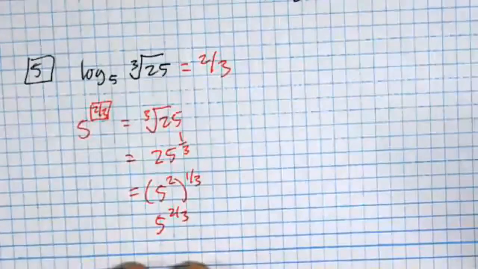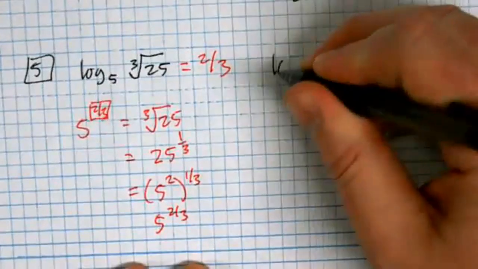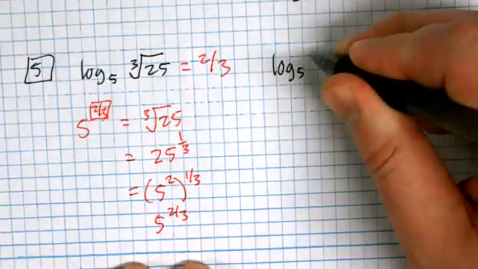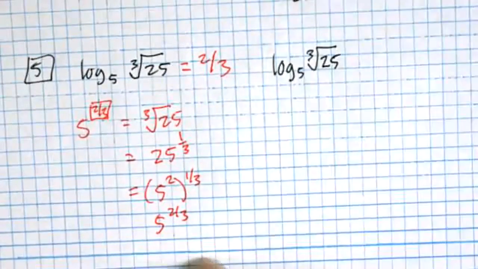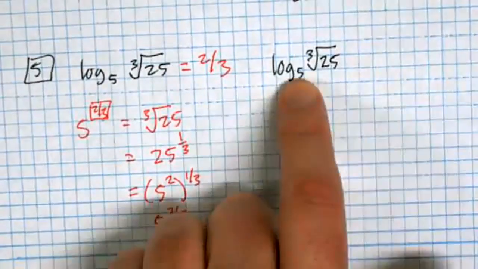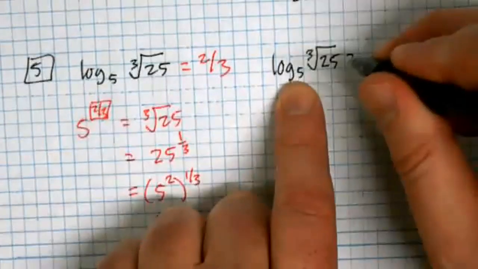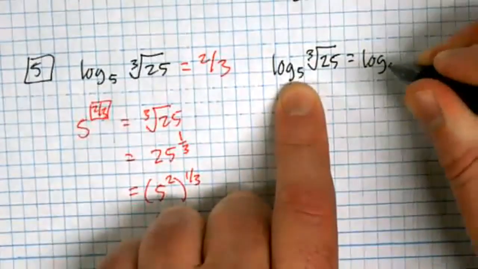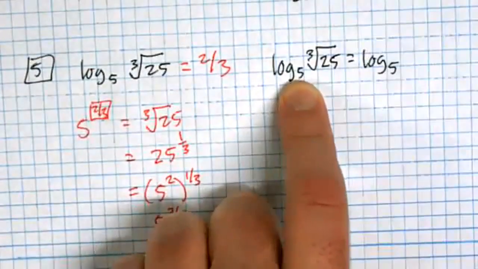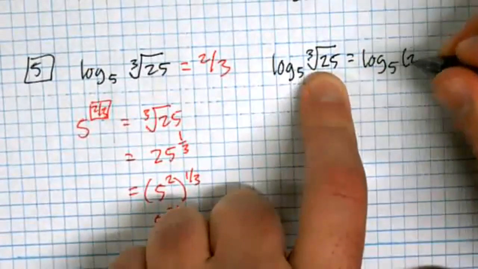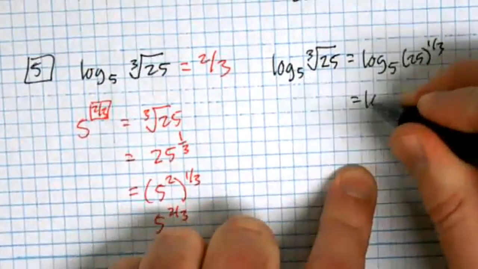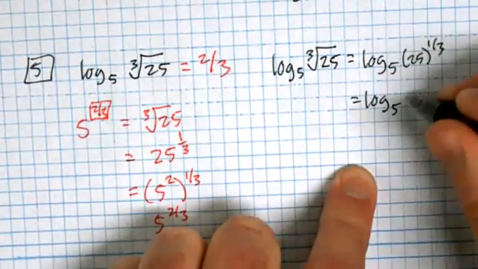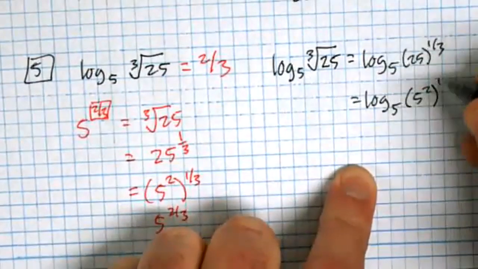My personal favorite way to show work for these is to basically do the same thing, but try and get my bases to cancel. So I would basically do the same thing. I'm just going to keep writing equals. So that's the log base 5, and I'm going to rewrite this as 25 to the 1/3. And then I'm going to change my 25 to a 5 squared.